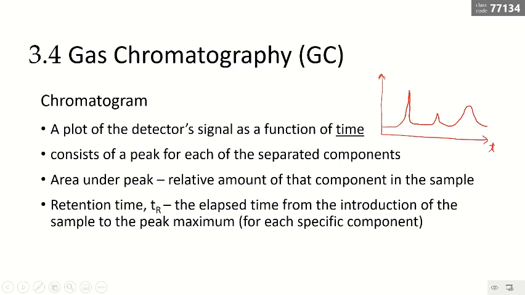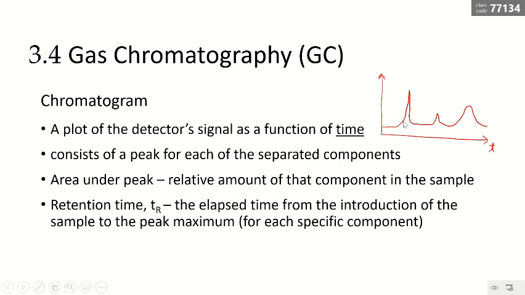This plot of the signal, this graph here, is called a chromatogram, or you can call it a chromatography profile. Some people call it that, and sometimes I also call it that way. It's okay, at least you understand what it means. This graph will consist of a peak or several peaks, for different components.